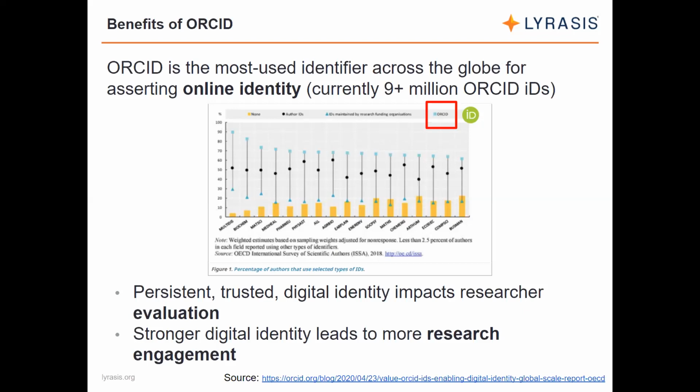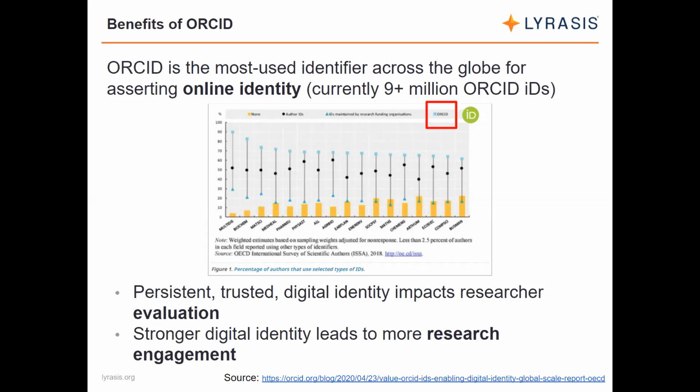So ORCID is really becoming a standard that's embedded in our research processes. There are over 9 million people that have ORCID IDs across the globe. These figures come from a recent study by the Organization for Economic Cooperation and Development on the topic of charting the digital transformation of science.